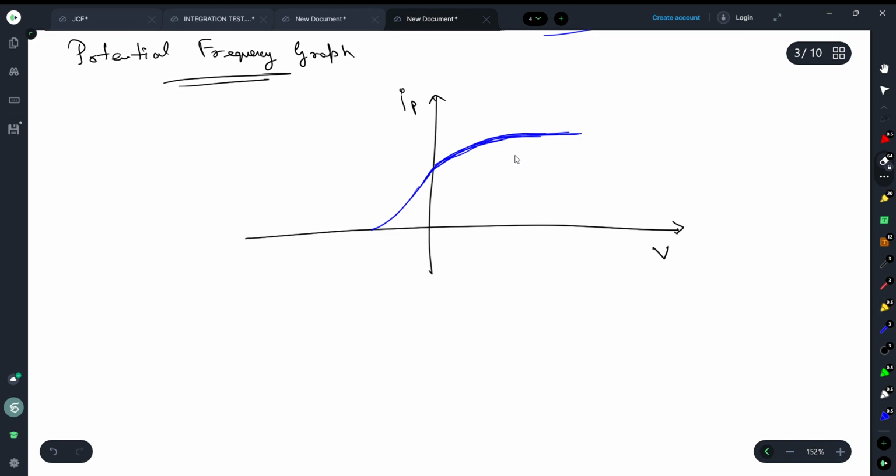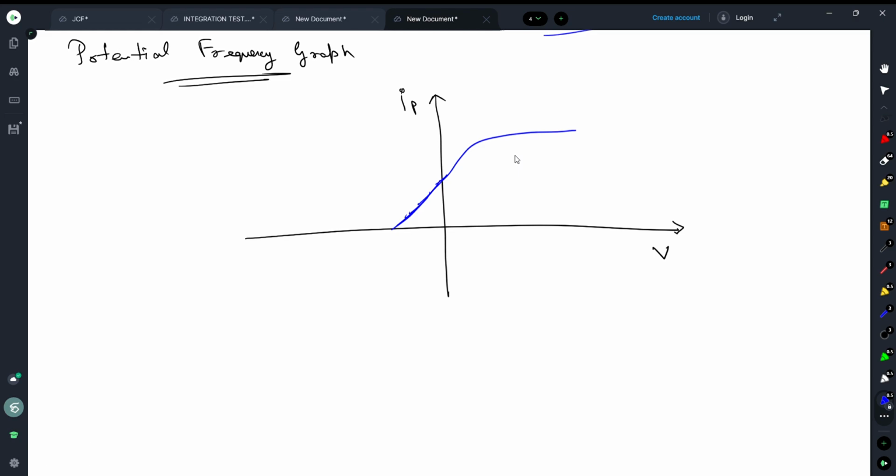So let me draw it once more, the last try I'm taking. So this is the axis, and here you have the photocurrent, and it extends to the back like this.